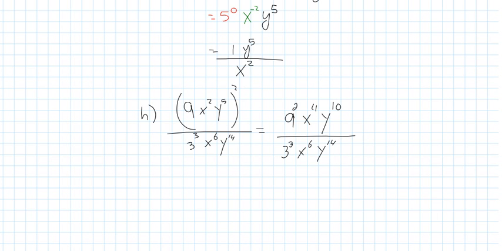Okay, now what would you want to do? Simplify. And how would you simplify? What would simplify here? You want to write this as 81.